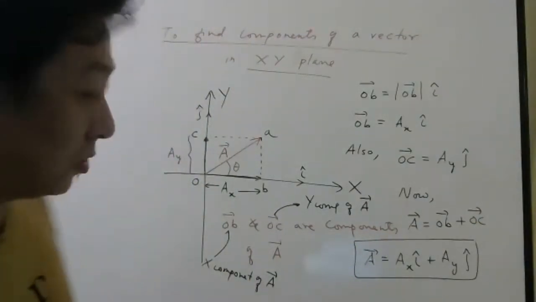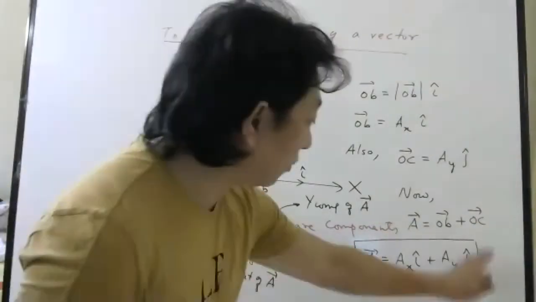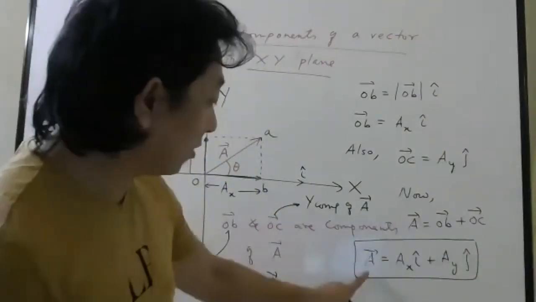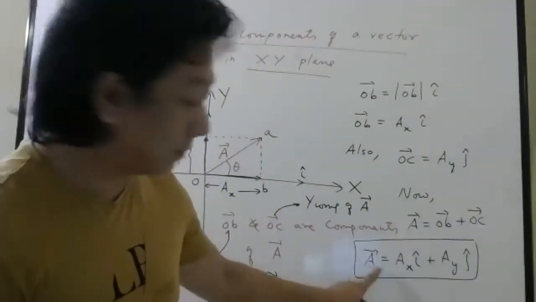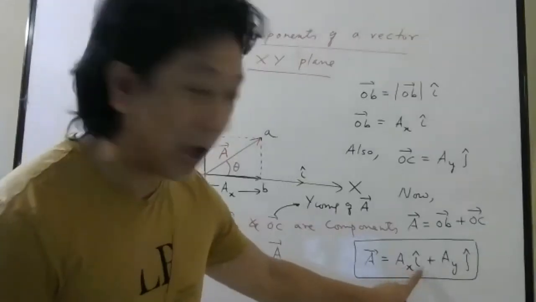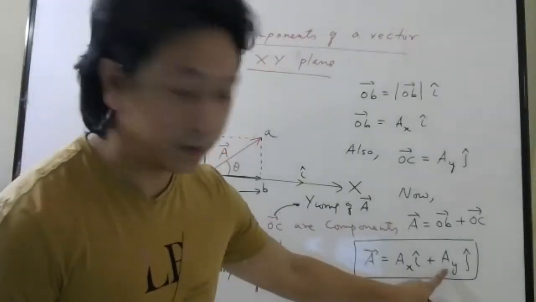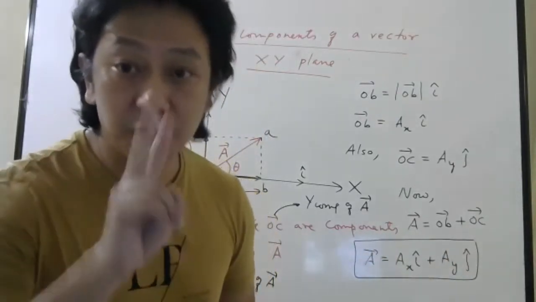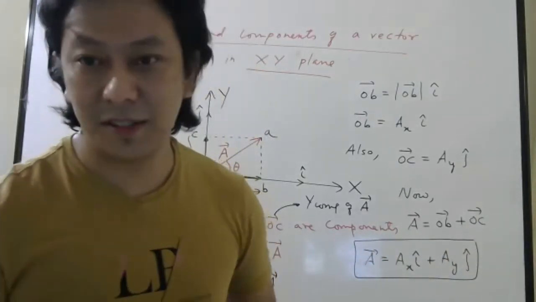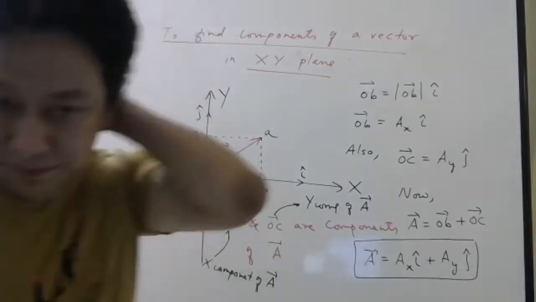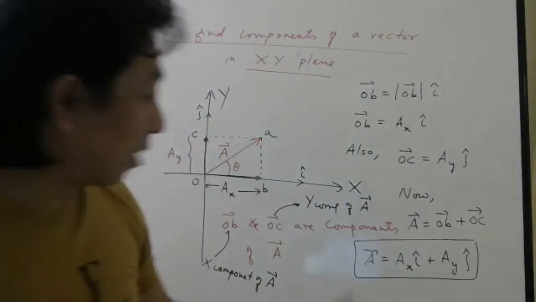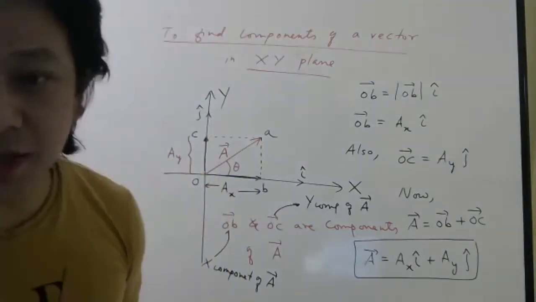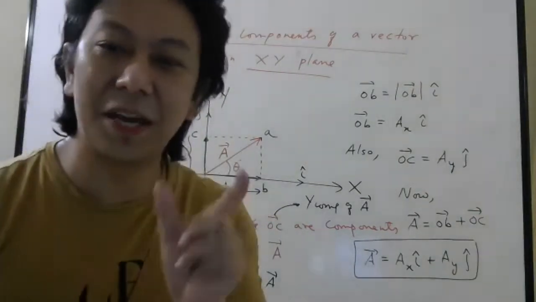Okay, fine, understood. Now look carefully here. How many symbols can you see? A bar, AX, i cap, AY, j cap. Out of these 5 symbols, two of them just represent numbers.